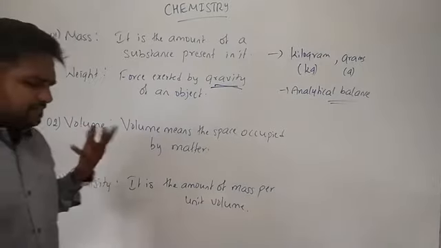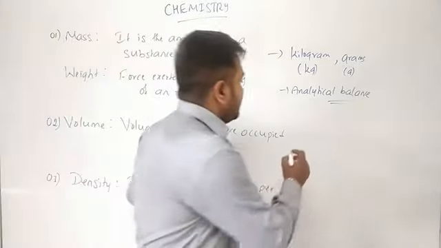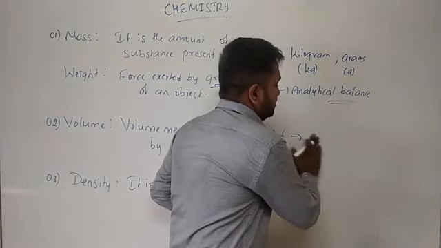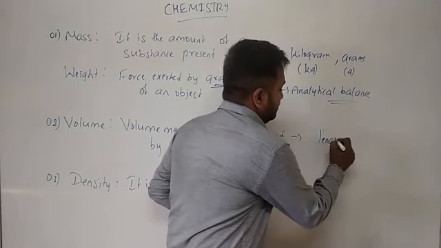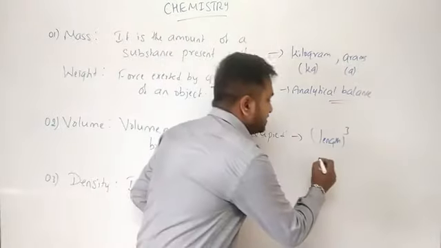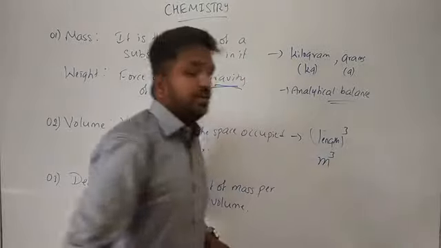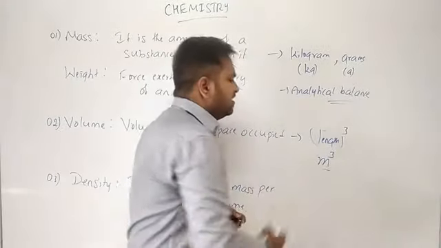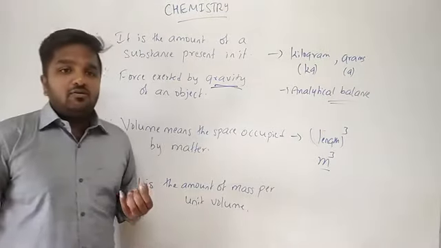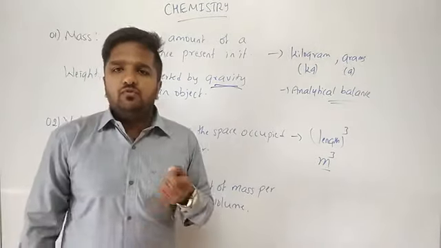Generally the SI unit of volume is meter cube. We mention it by length cubed. The SI unit of length is meter, so it is meter cube. But there is a general assumption that in volume we will talk about liters, half a liter of milk, 1 liter of milk.